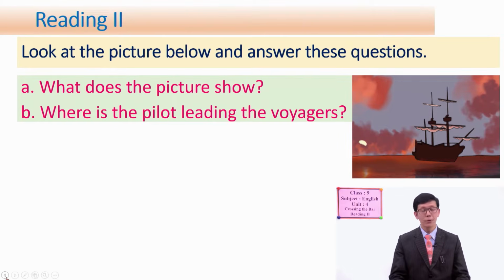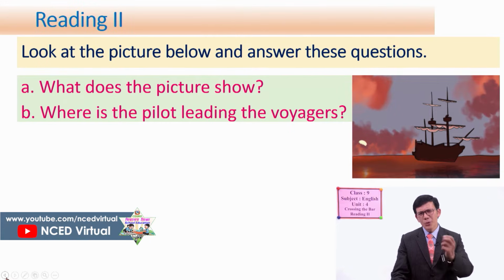Very good. Of course, it seems to be evening time, right? You can see the evening light over there, so it's evening time. And what else can you see over there? Great, you can see the ship in the sea, right? Okay, this is what you can see in the picture.